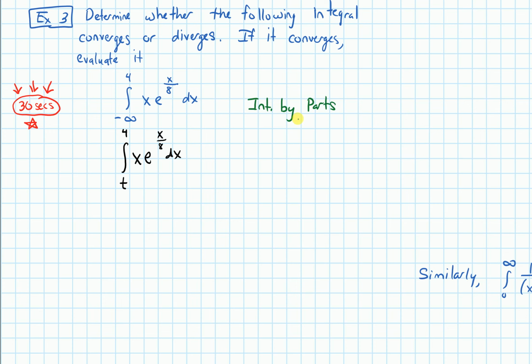So hopefully we're starting to get more and more comfortable with recognizing what technique to use when we see integrals like this. With integration by parts, I need to choose what to let u be and what to let dv be equal to. We're going to let u be equal to x because that has a really simple derivative. du would end up being 1, but I have to make sure I write the dx next to this. dv is going to be all the other stuff in the integral, which is e to the x over 8.